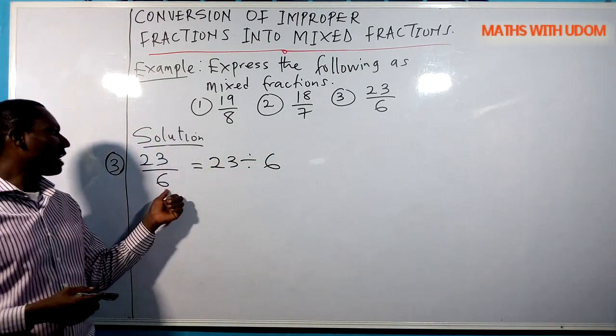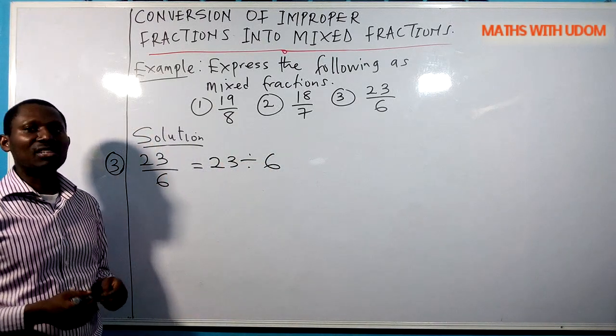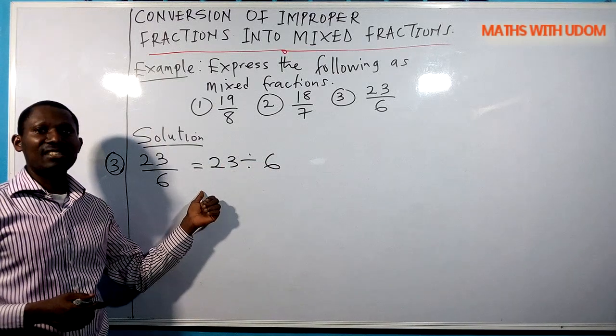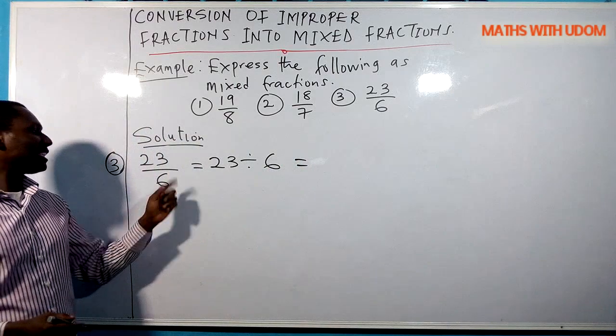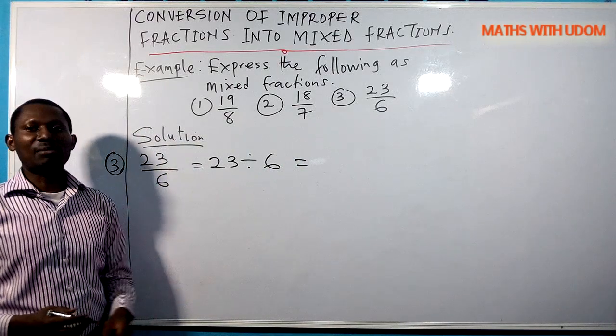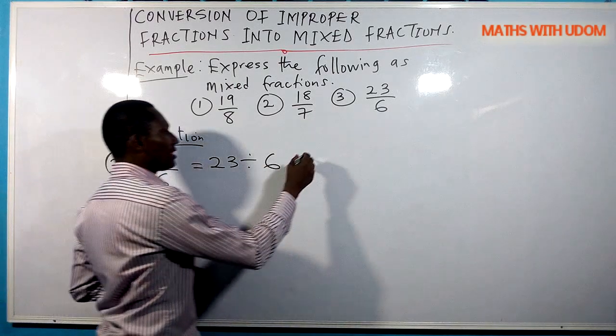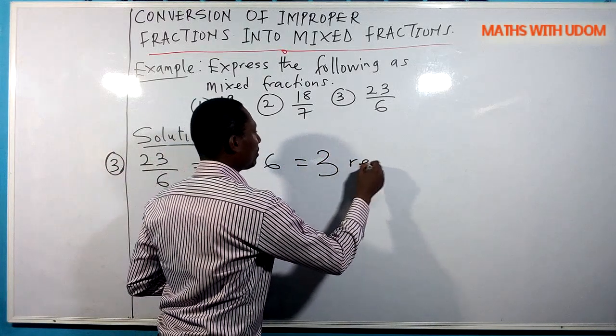How many 6s can go into 23? Remember, 6 times 3 is 18. So 6 can divide into 23 3 times.